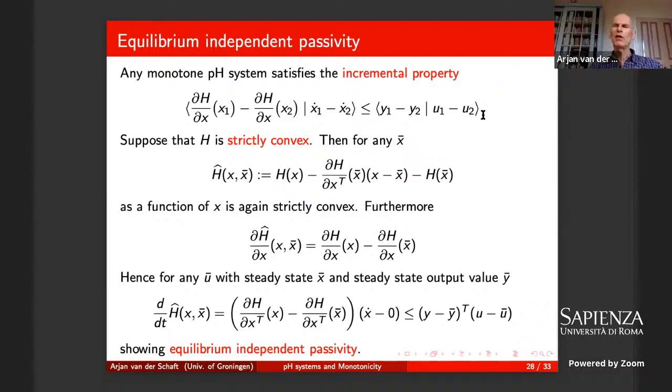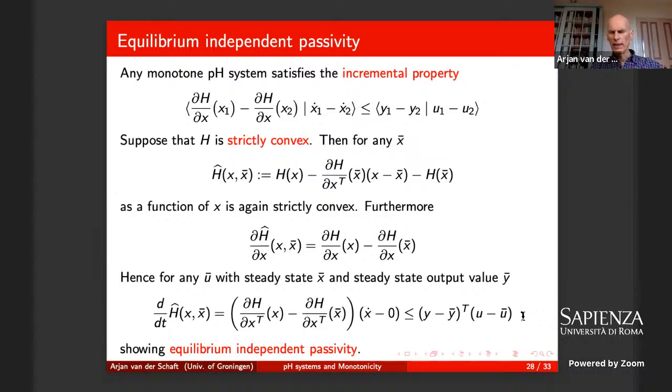So if we now take x2 to be a steady state, so corresponding to x2 bar equal to 0, and u2 and y2 to be the steady state values, then we get this inequality, which is really the shifted passivity property.